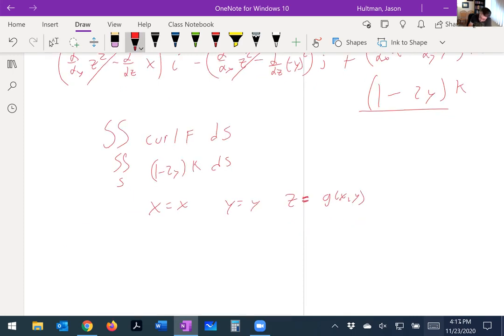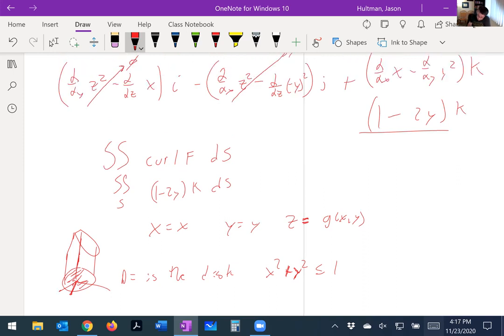The projection of this surface is just this disk. D is the disk x squared plus y squared is less than or equal to 1.